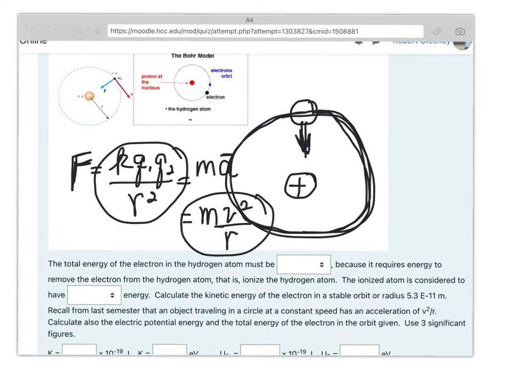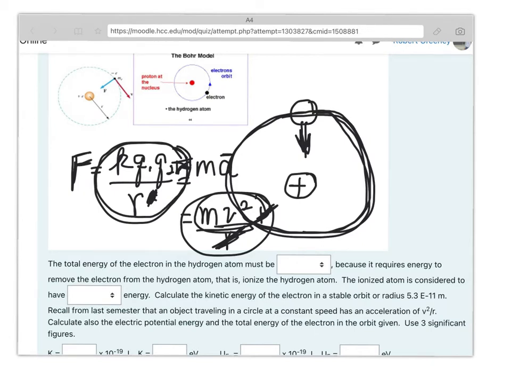And if I multiply both sides by r, this cancels one of that r squared. And so I'm left with m v squared. Can you see this? I'm left with m v squared is equal to k q1 q2 over r.